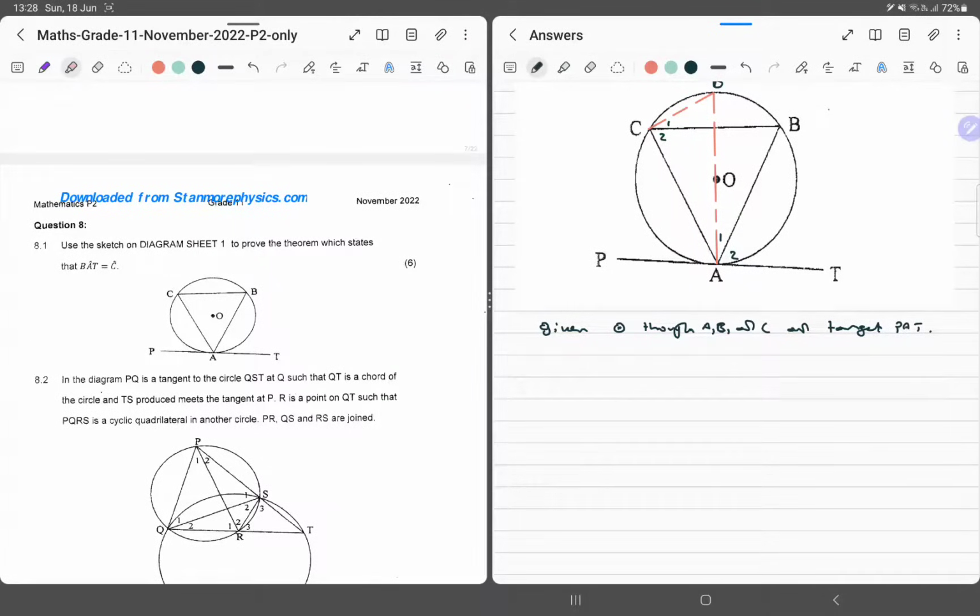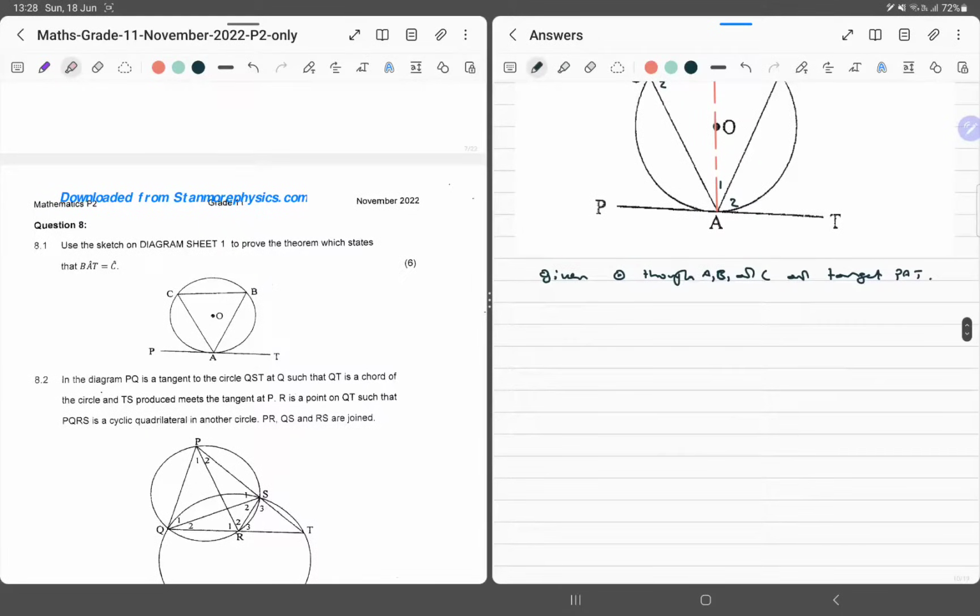Okay, that's what we are given. Circle center O through whatever. And then now, what are we required to prove? We are required to prove that BAT is equal to angle C.